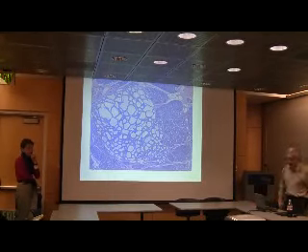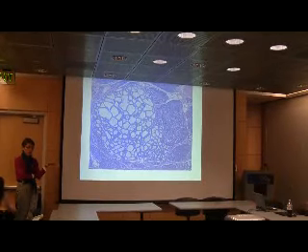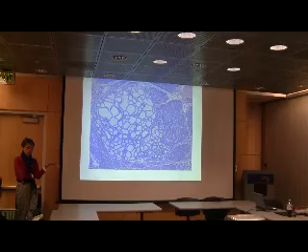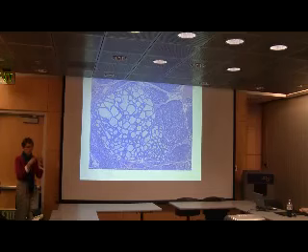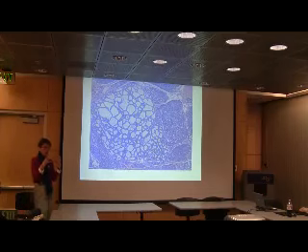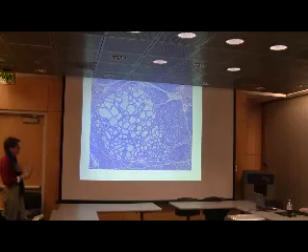So here this looks entirely different, but this is also a normal breast. For those of you who have been pregnant, this is what happens during late pregnancy, when you're just getting ready to lactate. There is enormous proliferation, growth of the epithelial component of the breast.